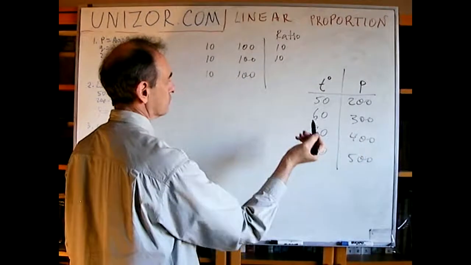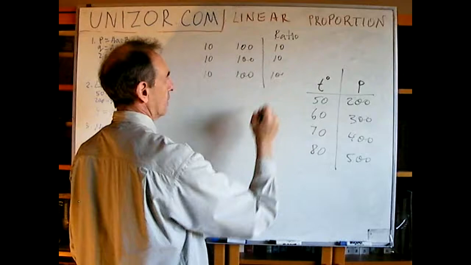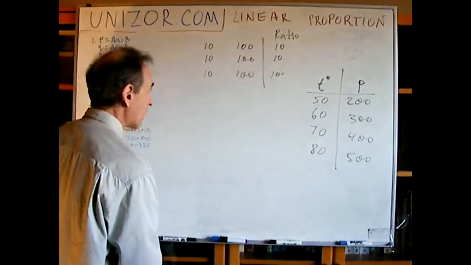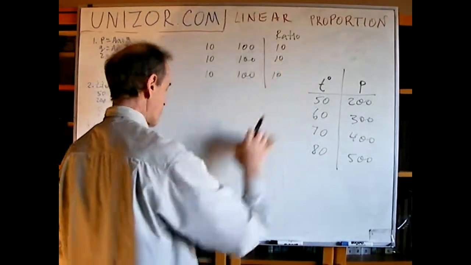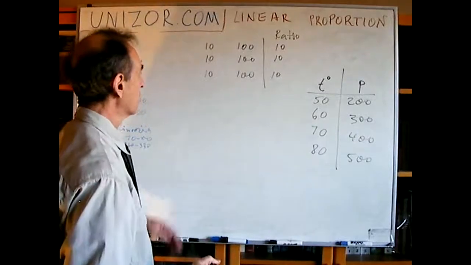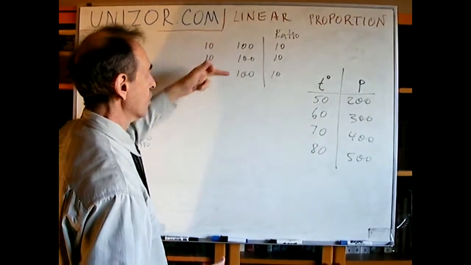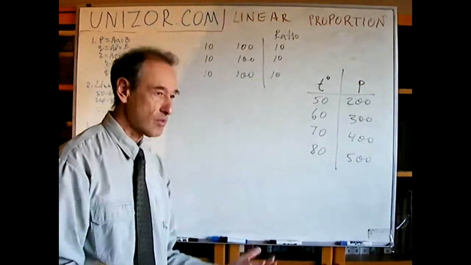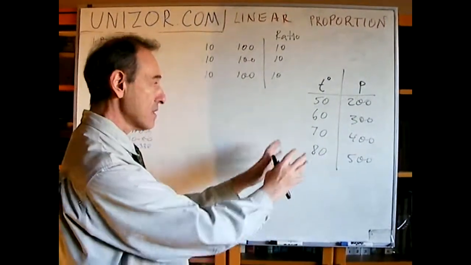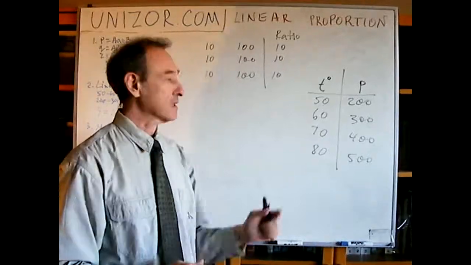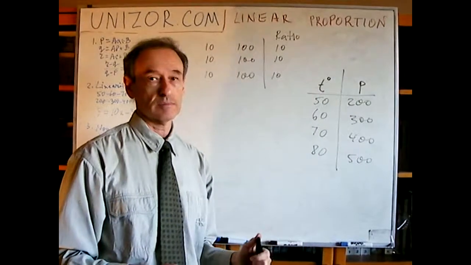From 400 to 500 again 100. So you have 10 again. So it looks like there is a proportionality between change of the argument and change of the function. So there is a strong indication, at least based on these four measurements, that the dependency is linear.